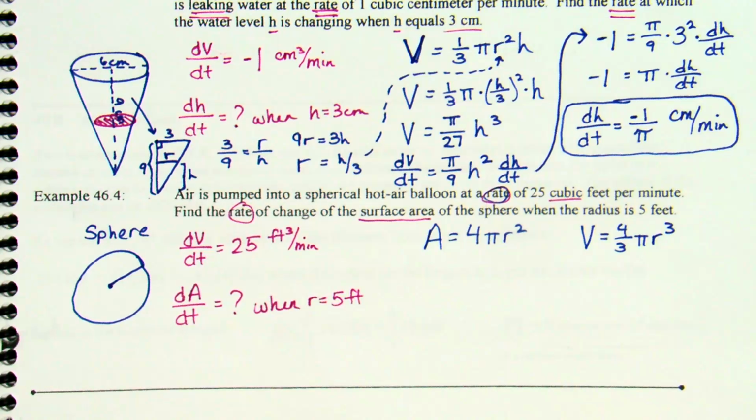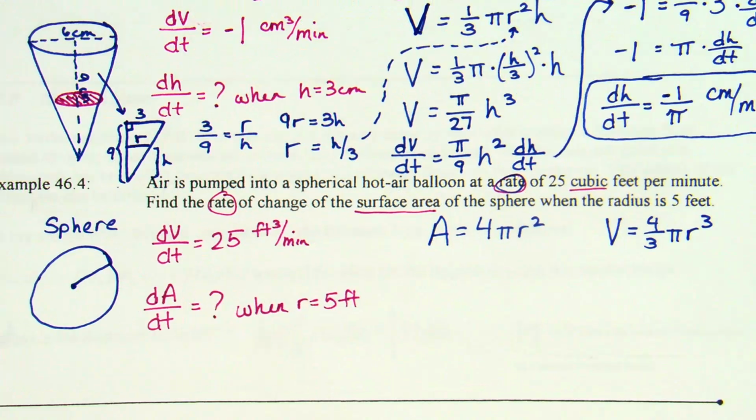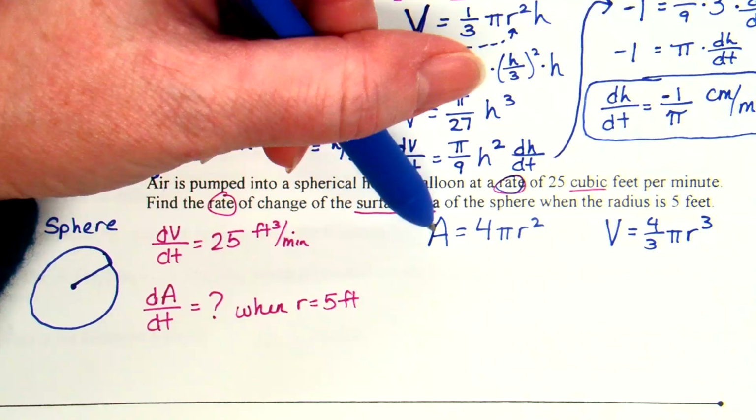Now, we're going to have to use a combination of those two formulas because they're giving me dV/dt, but they're asking me dA/dt. Let's go ahead and take the derivatives of both of them. They're both only in terms of r, so that works. The derivative of, let's work with the area just because it's what I wrote down.